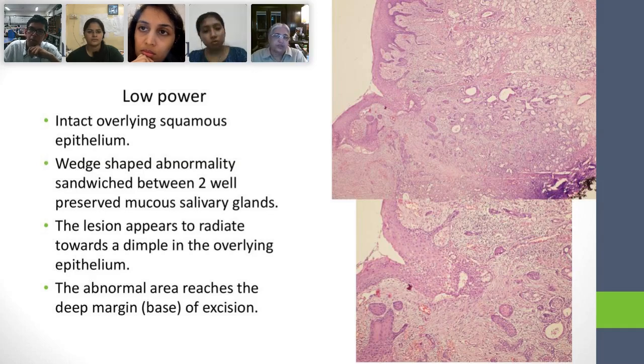We've got, of course, an artifact at the edge. But there is a wedge-shaped abnormality sandwiched between two well-preserved mucous salivary glands. The lesion actually appears to radiate towards a dimple in the overlying epithelium. Can you see that? Yes, ma'am. Beautiful dimple over there. And the abnormal area reaches the base of the excision.